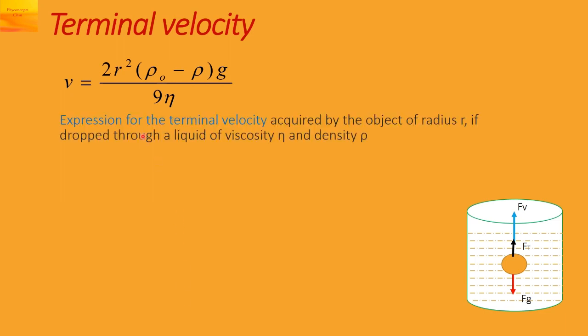So, this is the expression for the terminal velocity acquired by the object of radius r if it is dropped through a liquid of viscosity eta and density rho.